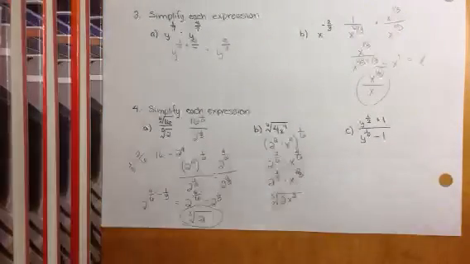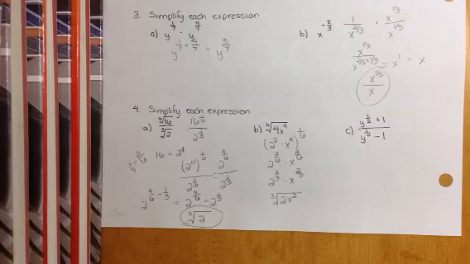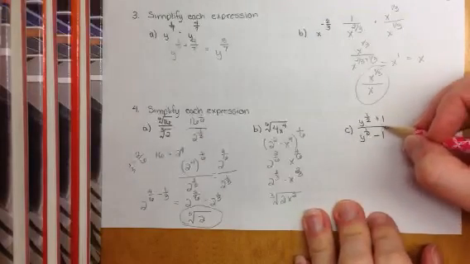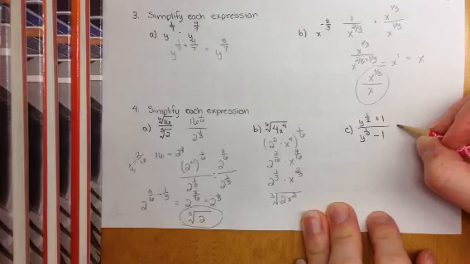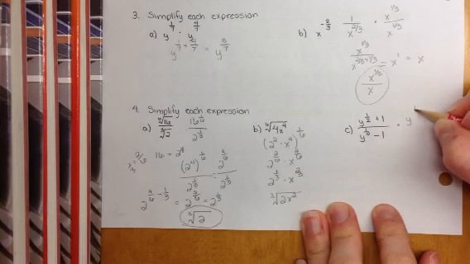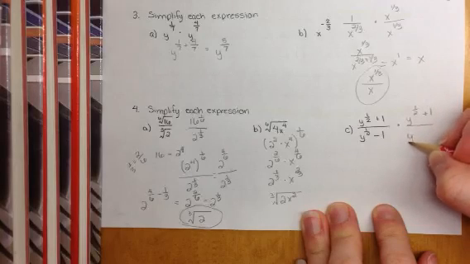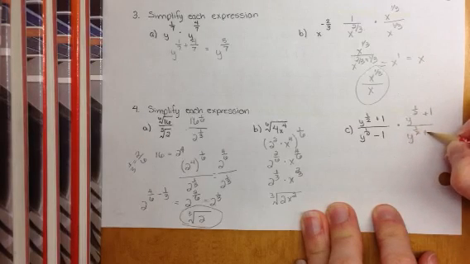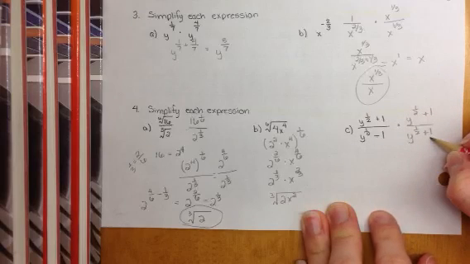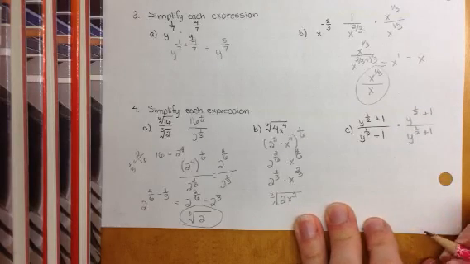Okay, last one. So I have this fraction y to the 1/2 plus 1 over y to the 1/2 minus 1. We're doing something similar to what we did with complex numbers called a conjugate, where I multiply the top and bottom by the opposite of the bottom. So in this case, we're going to multiply both top and bottom by plus 1. So I have y to the 1/2 plus 1, because down here is negative 1. We're doing the opposite, plus 1.